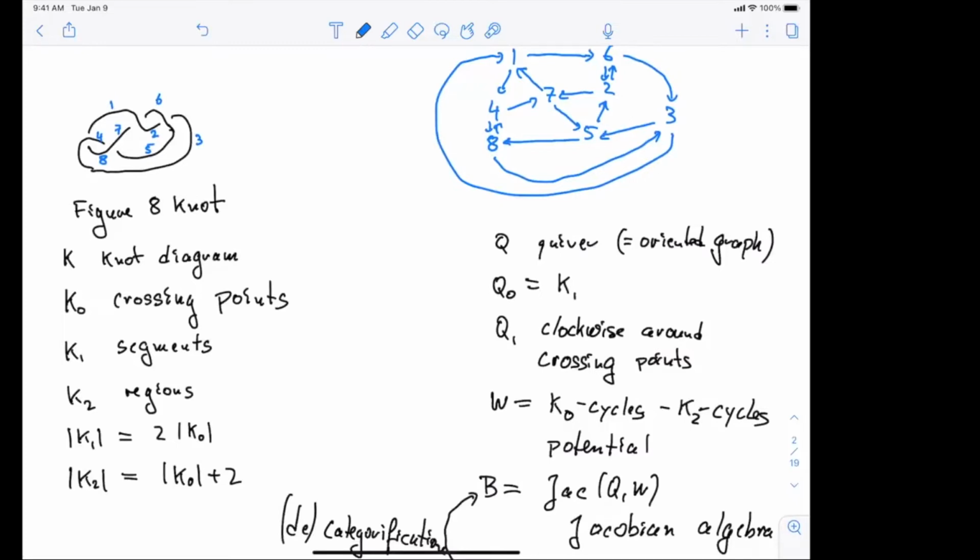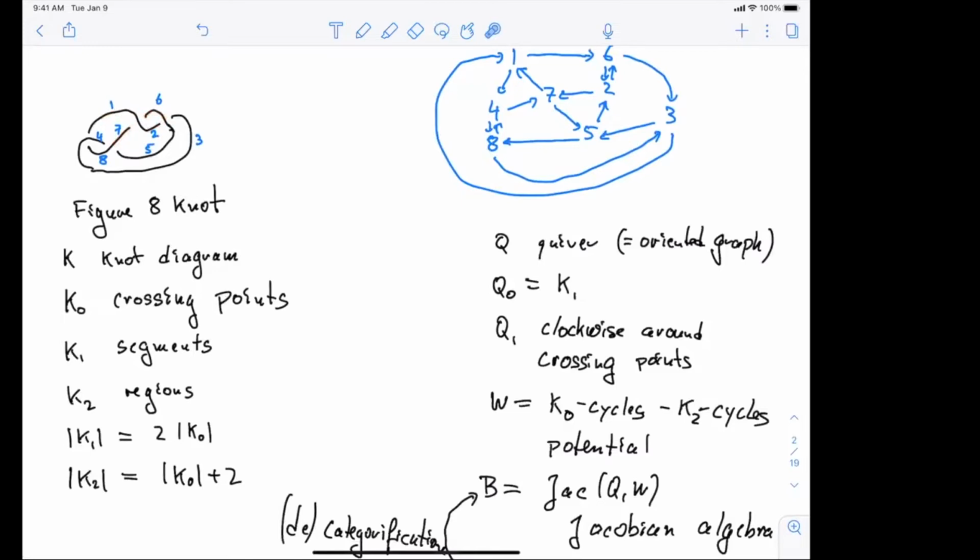Maybe I could remark here an important observation is that the quiver doesn't see whether your crossing is an overcrossing or an undercrossing. I didn't use that information here in the knot. I know the segment here from this line goes above the line given by 7, 6, but the quiver doesn't see that information.